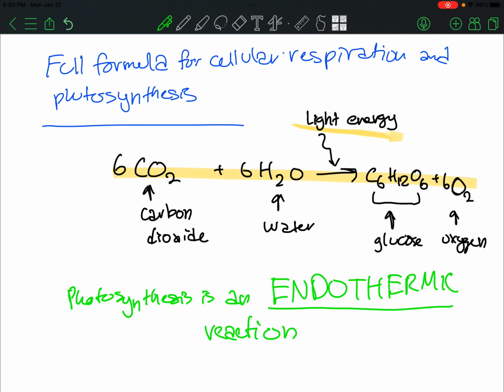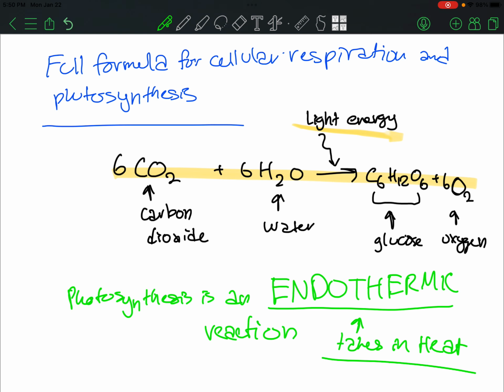Because photosynthesis requires sunlight, so it requires heat. It requires carbon dioxide, which is hot, by the way. It requires all these things, and it makes it endothermic, which means it takes in heat. Okay, remember that.